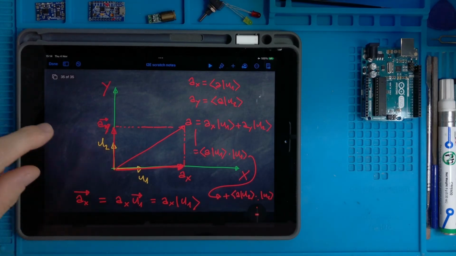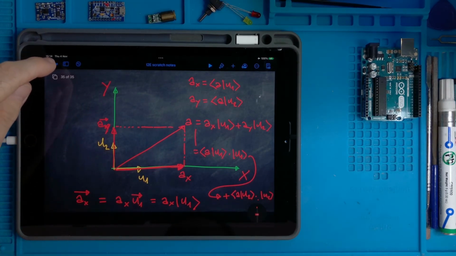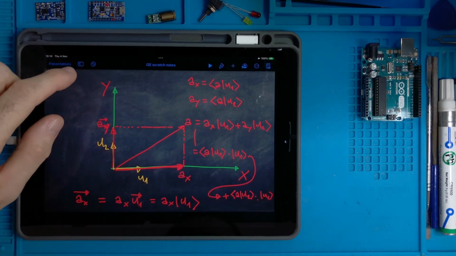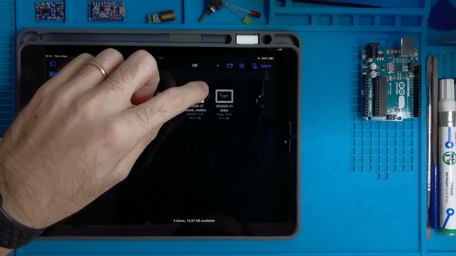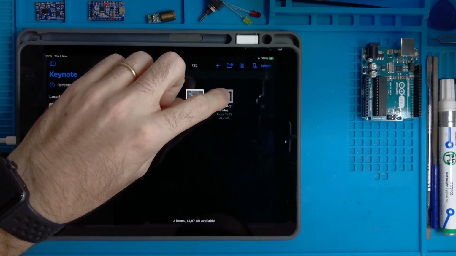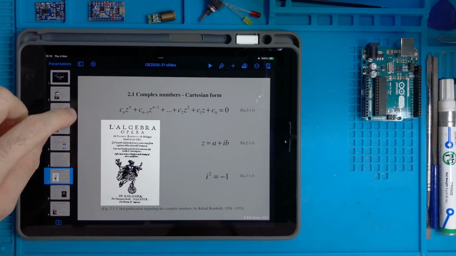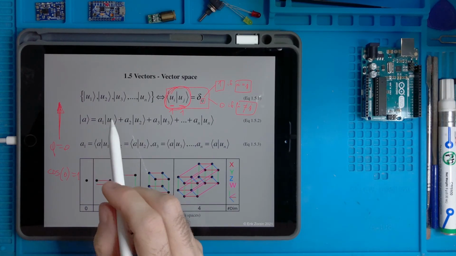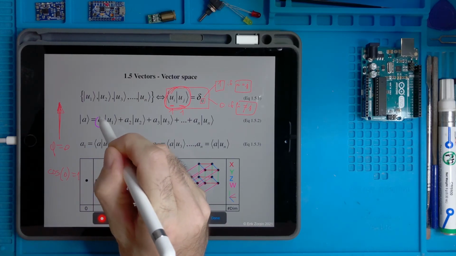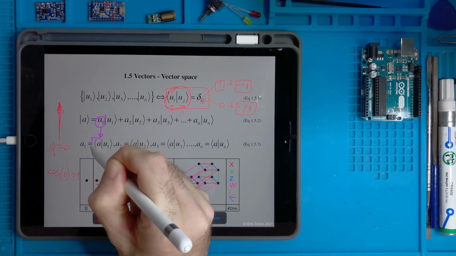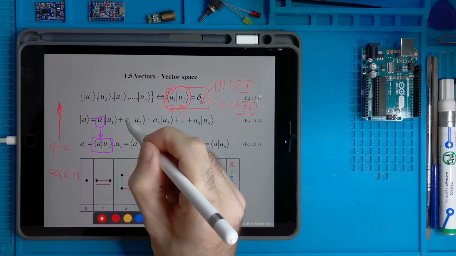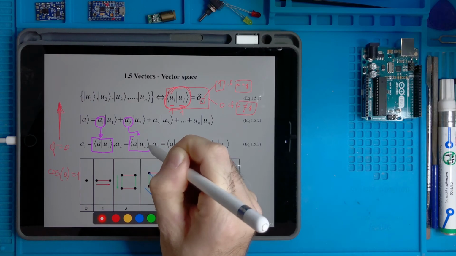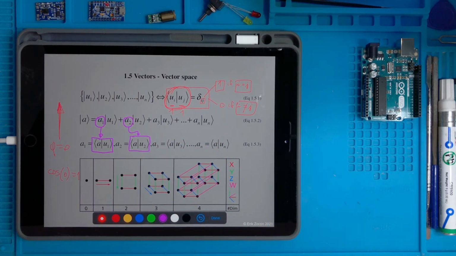Now I didn't write very carefully, but if we go back to the slide, this is what is written here. A1 is this thing, A2 is this other thing, and so on.